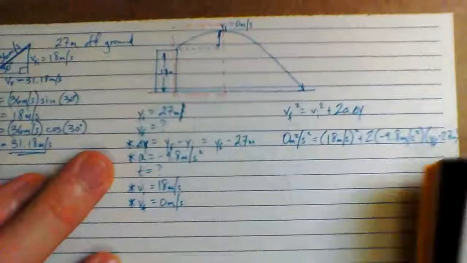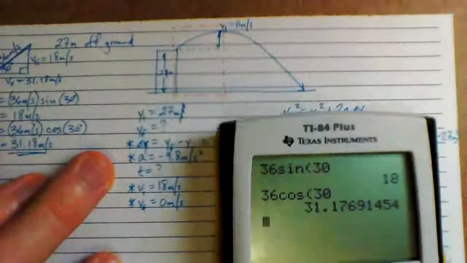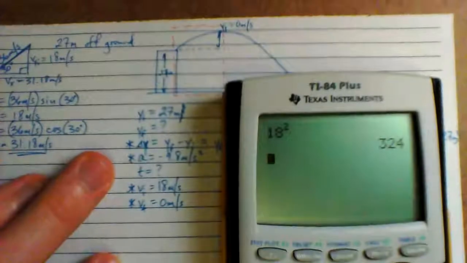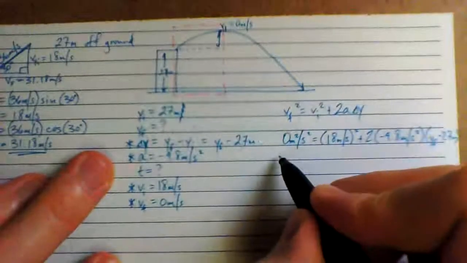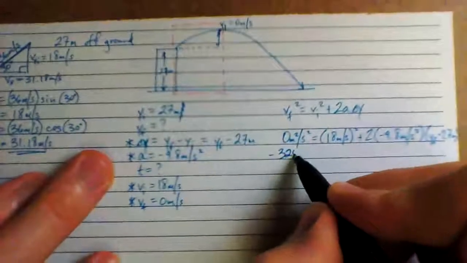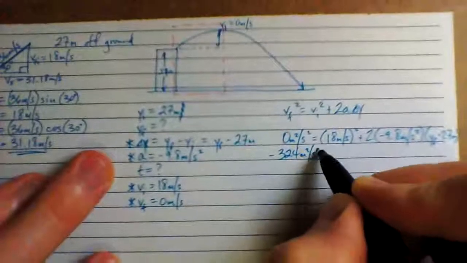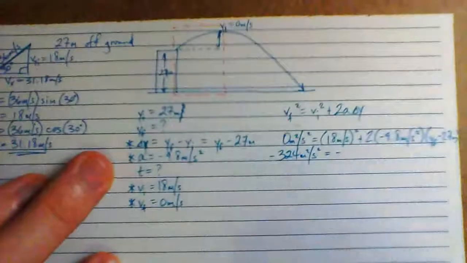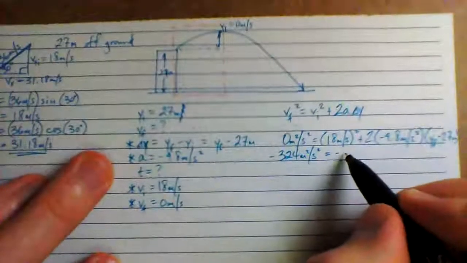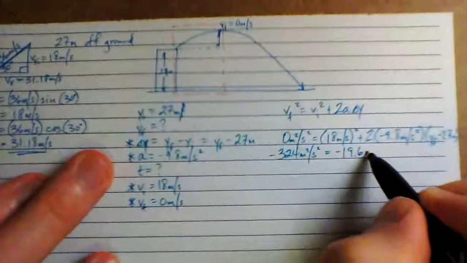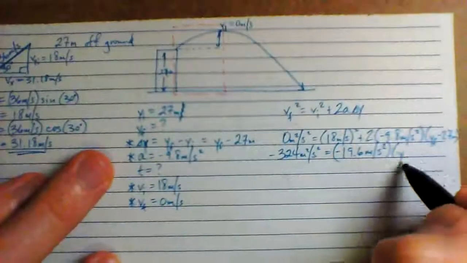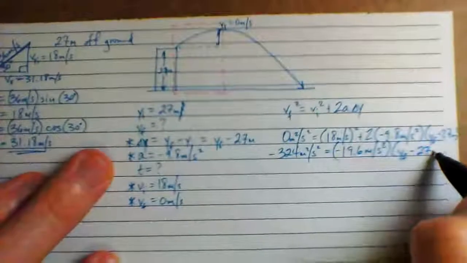So 18 squared gives us 324. So that's minus 324 meters squared per second squared equals negative 2 times negative 9.8, which is negative 19.6 meters per second squared, multiplied by yf minus 27 meters.